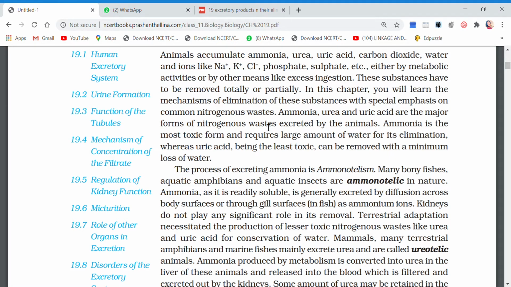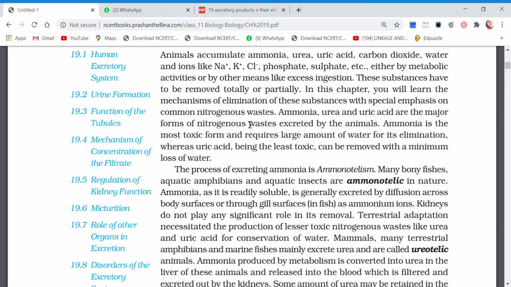Now, why do we call them nitrogenous waste? Because all these three things, ammonia, urea and uric acid, are compounds of nitrogen. That is why we call them nitrogenous. And why do we call them waste?